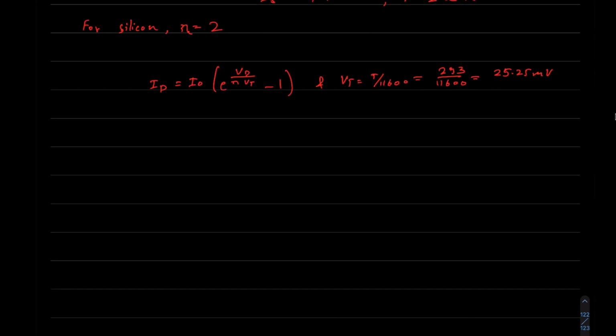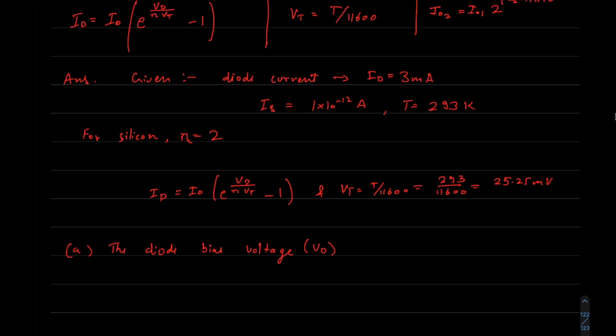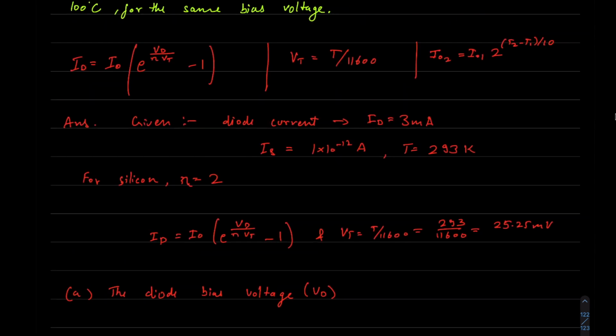Now, for the first part, A, the diode bias voltage, Vd. So for Vd, we have been given Vt, eta, I naught, the saturation current, and ID, the diode current.